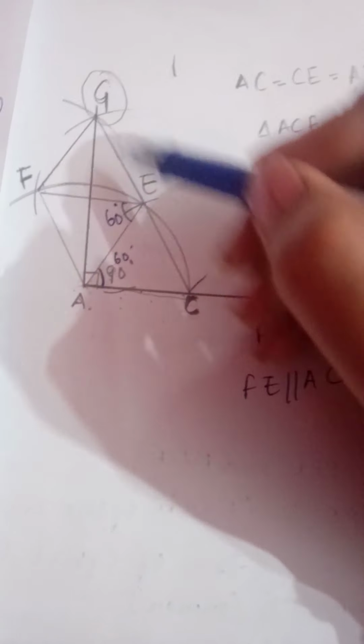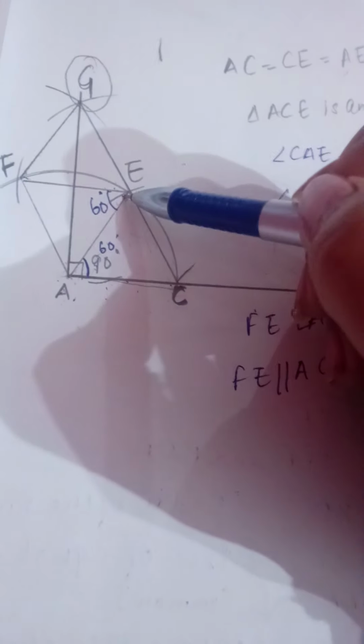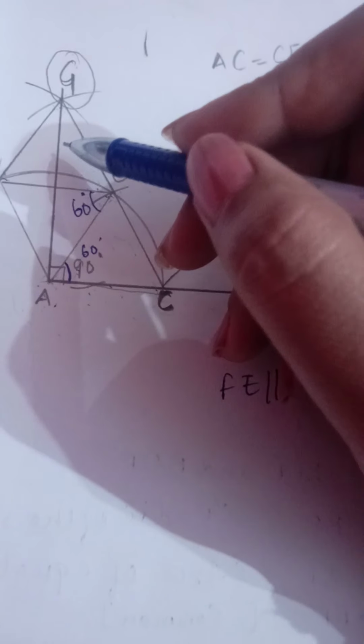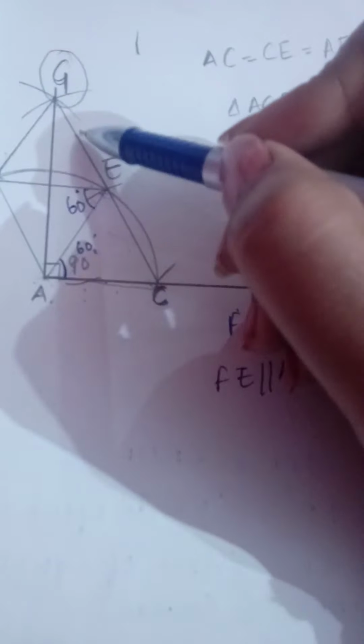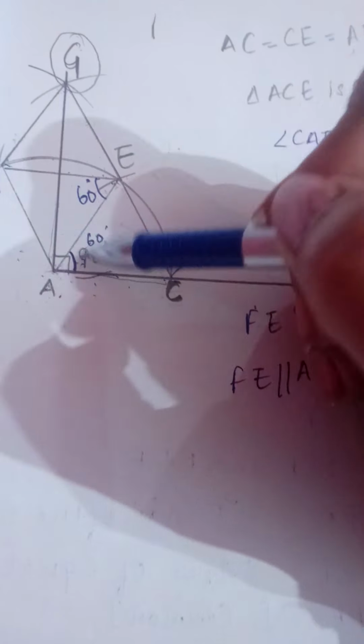Also FG equals EG, because we took equal distance from both sides. So this is the perpendicular bisector. These two lines are equal and these two lines are parallel, so this is bisecting this one, and bisecting means dividing into two equal parts.